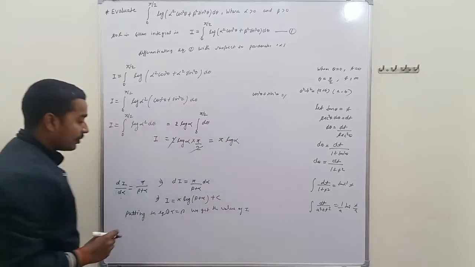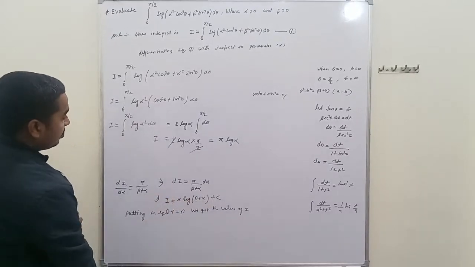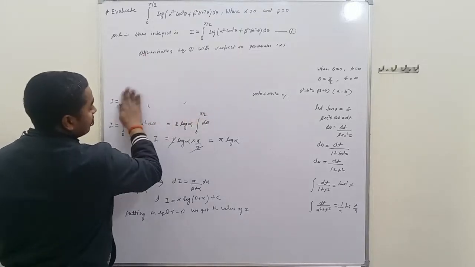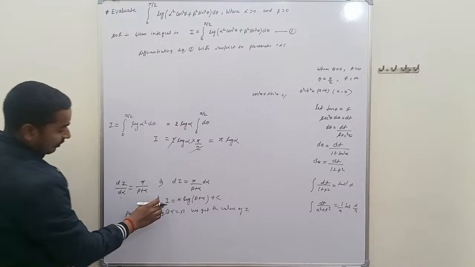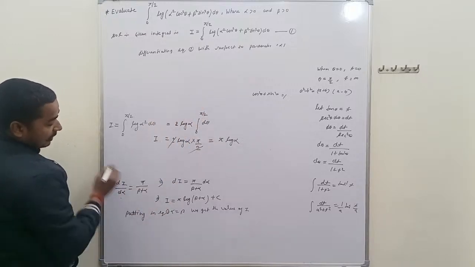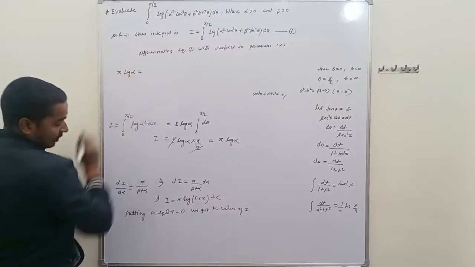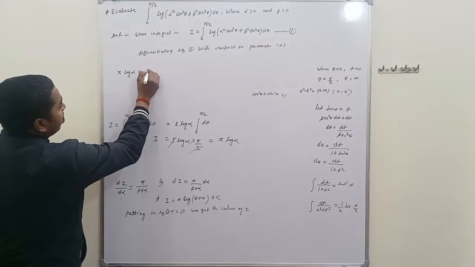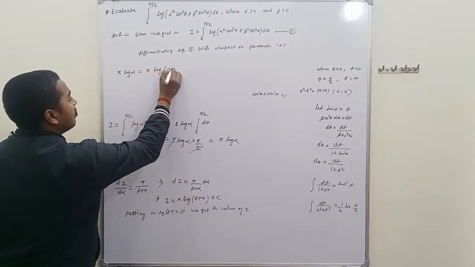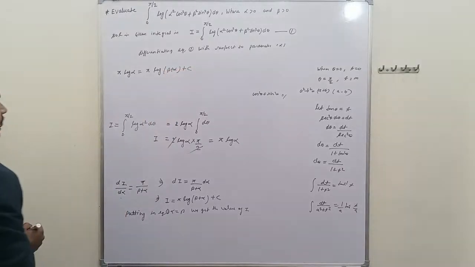Now we have to put here the value of I using equation 1, that is pi log alpha is equal to pi log beta plus alpha plus c.